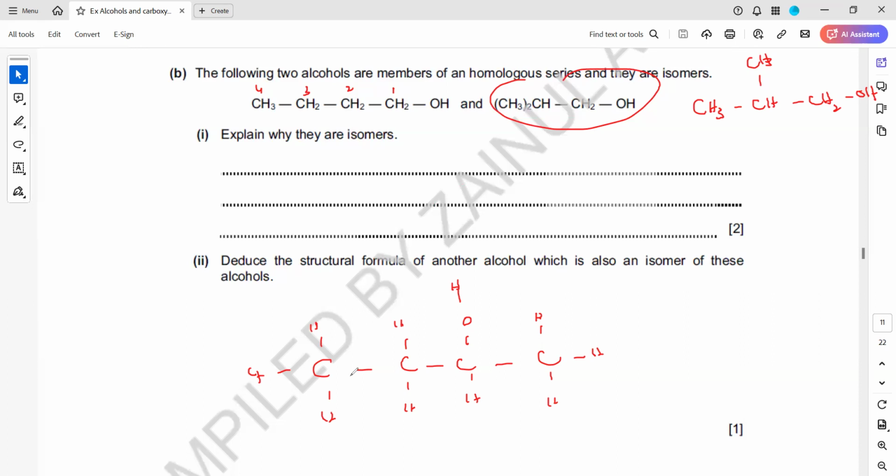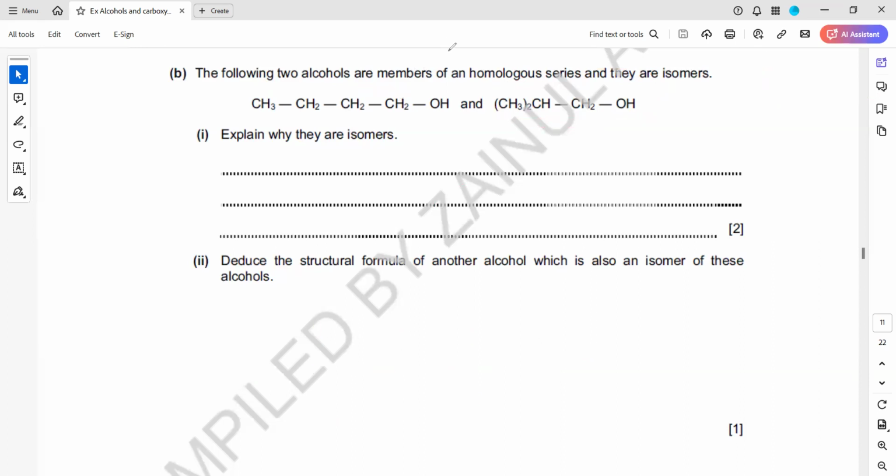To draw an isomer of an alcohol, just change the position of OH. But you cannot place it at the last carbon, because the first and the last carbon are the same. If I place OH on the first carbon on the left-hand side, that will also be butan-1-ol. So we have to place it from the second position to the second-last position to form an isomer.